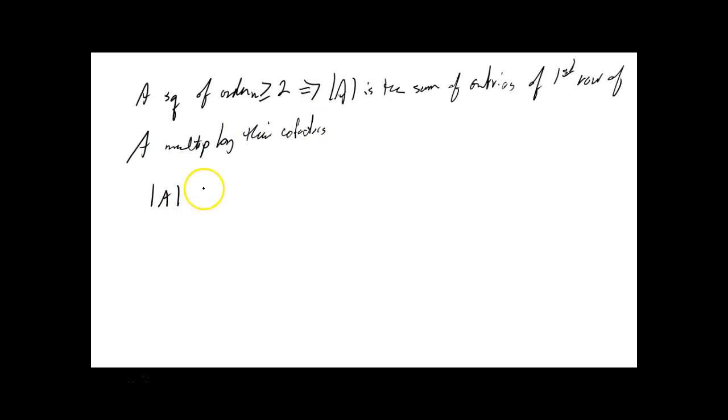They like to write DET. I just like to do that. They do them both, actually. Is equal to the sum, and this is really clarifying it, right? J equal 1 up to N, because you got N rows, N columns, of A1J times C1J. Okay?